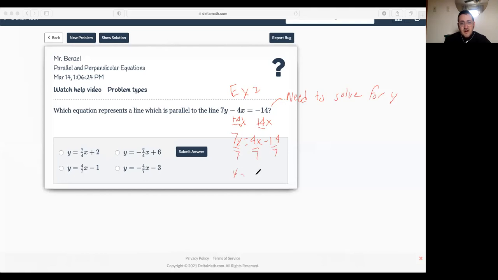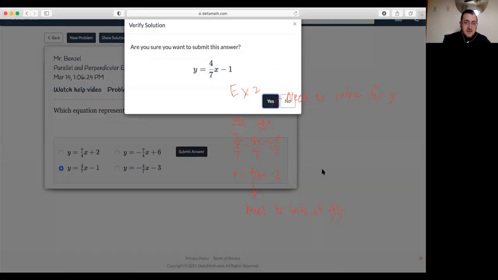So then I get y equals 4/7 x minus 2. What I can see here is that there's one answer choice that has a slope of 4/7. So we need to have a slope of 4/7, and you're just going to choose that and submit your answer.